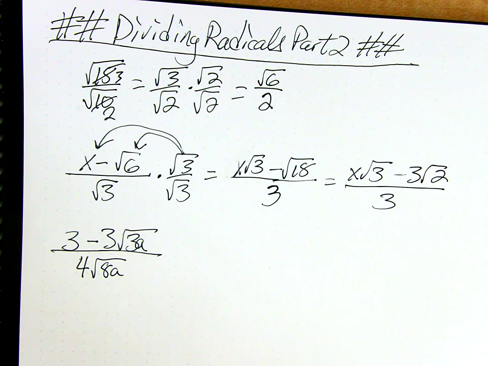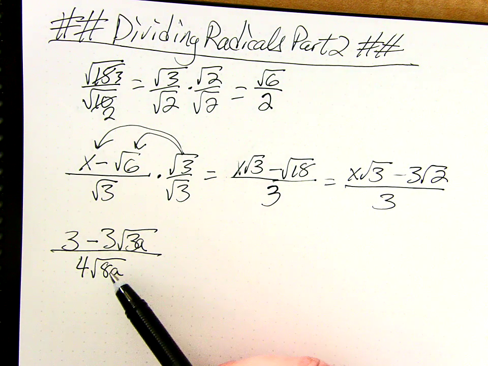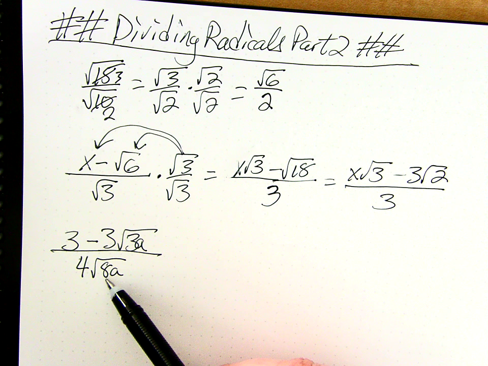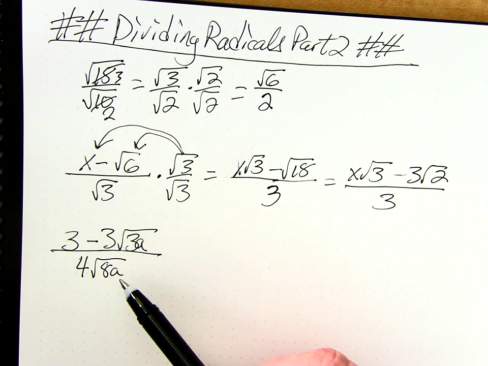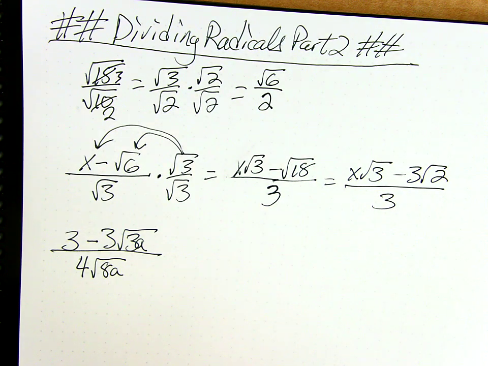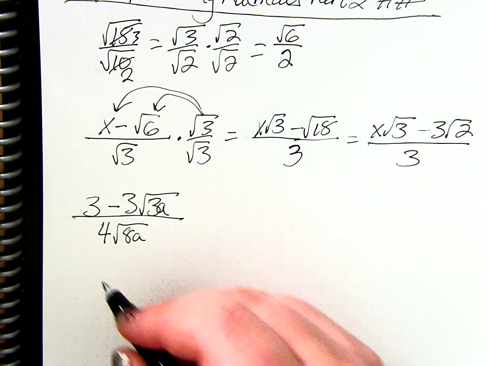All right, so I do have one other option. I can simplify the square root of 8. I can either do it now or I can do it at the end. I'd probably do it now, just because if I don't, I'm probably going to have more that I have to fix later. So let's fix our denominator.